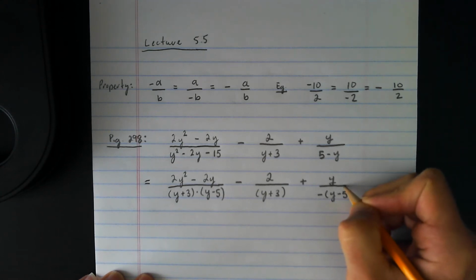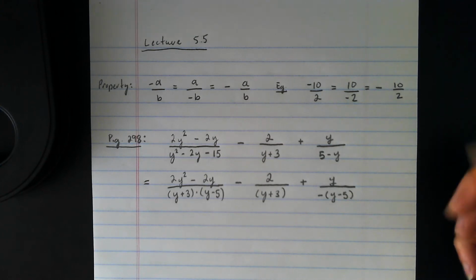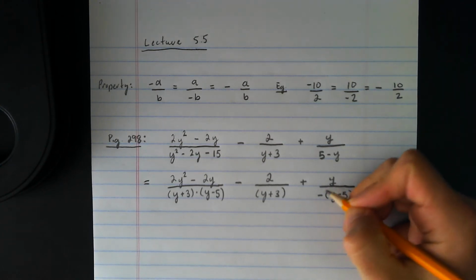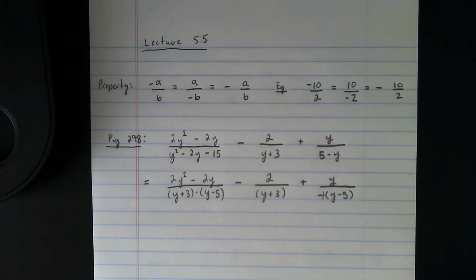y minus 5. Okay, now we want to build our least common denominator here, but this is the same as minus 1. If I use this factorization in this denominator, I need to include this minus 1 as part of my least common denominator.